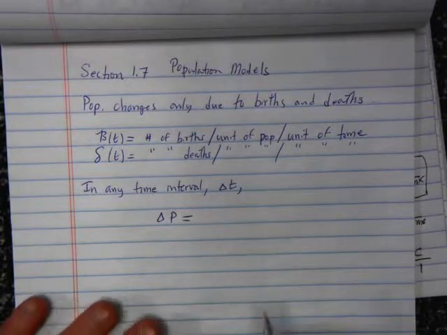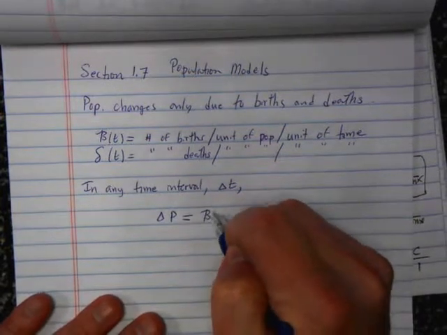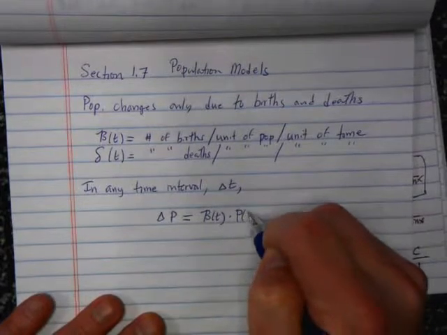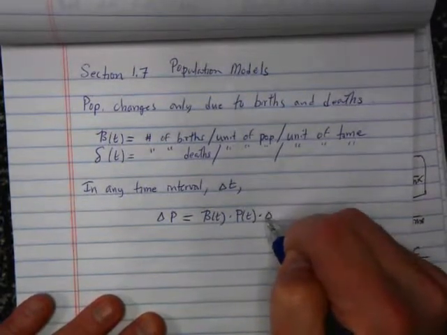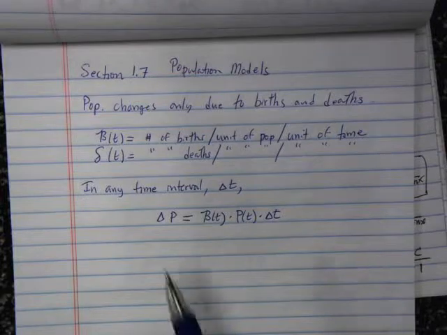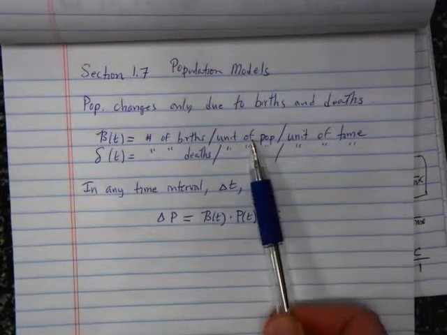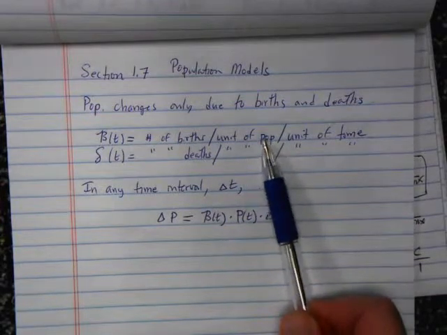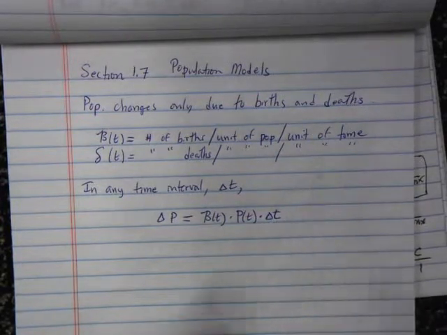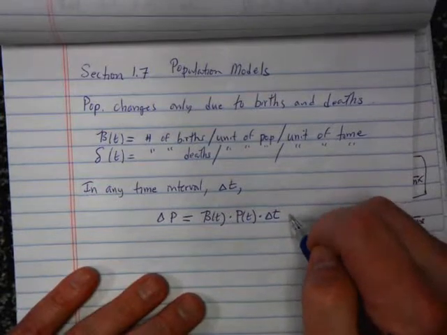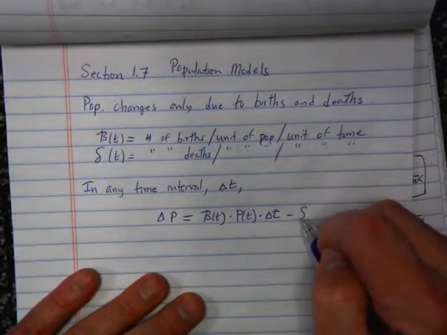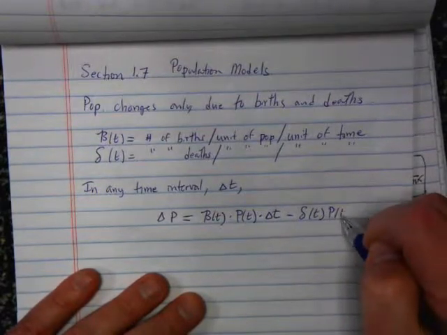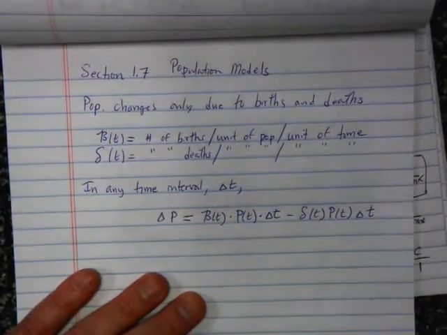The number of births will be beta of t times the population at time t times delta t, because of the way we define beta. Beta is the number of births per unit of population per unit of time, so I have to multiply by the population, and then by time. And similarly, we would subtract the number of deaths. The total number of deaths would be delta of t times p of t times delta t.